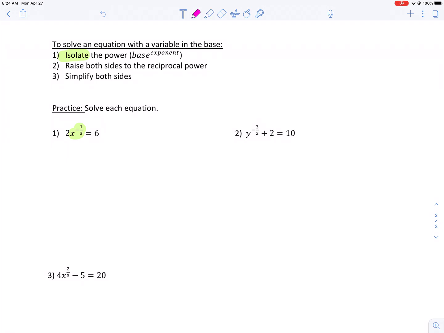So we're going to divide both sides by 2, because that's showing multiplication, 2 times x. When we divide, we get x to the negative 1/3, and that equals 6 divided by 2, which is 3. So now I have my base x raised to the negative 1/3 isolated.